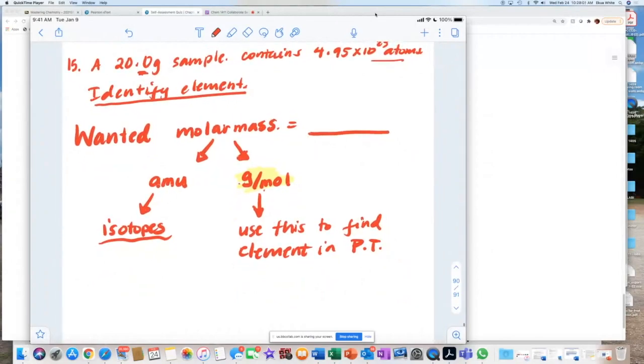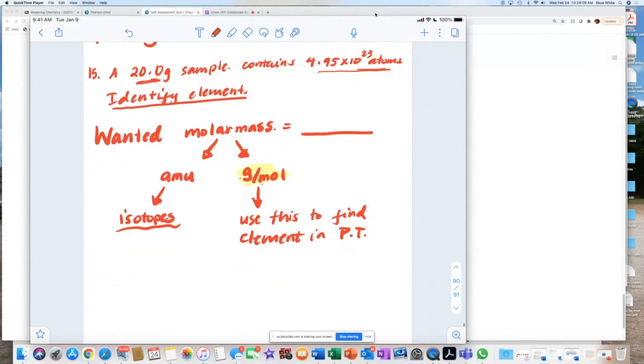So I look at my numbers given and I already have grams. I have my superscript number, right? But I have atoms and I want to convert atoms to moles. Remember I told you guys this a long time ago. It seems like a very long time. Every time you have atoms, you always think about atoms, moles. They kind of go together like yin and yang, right?